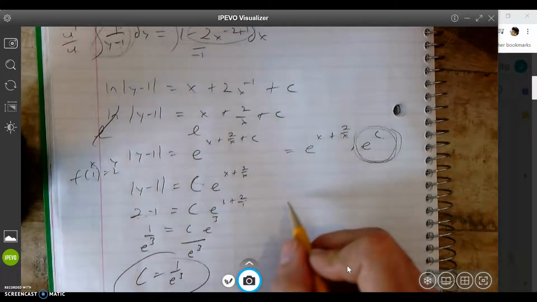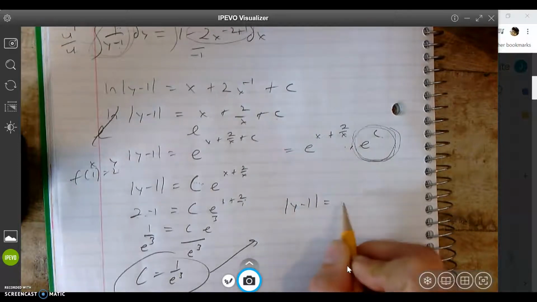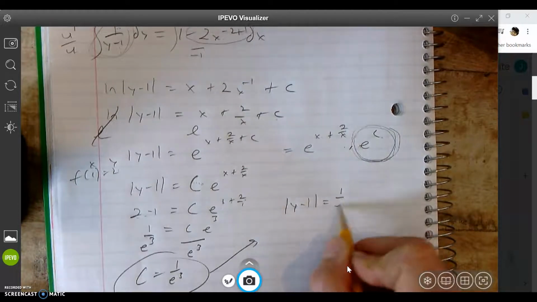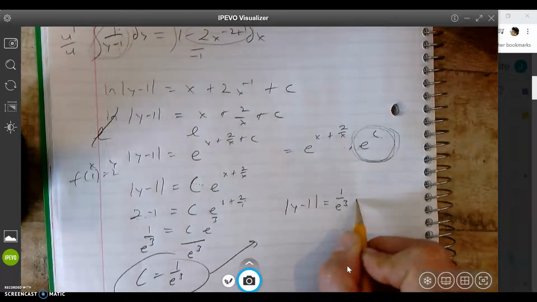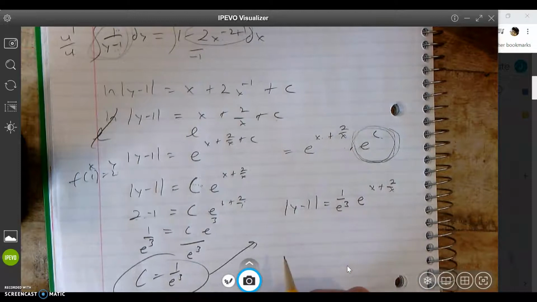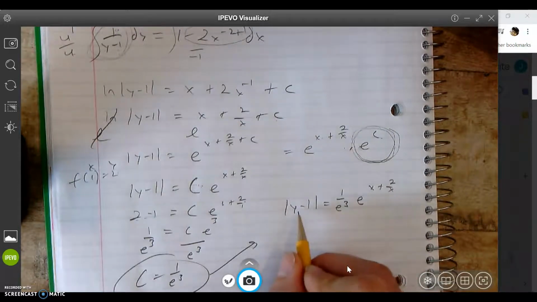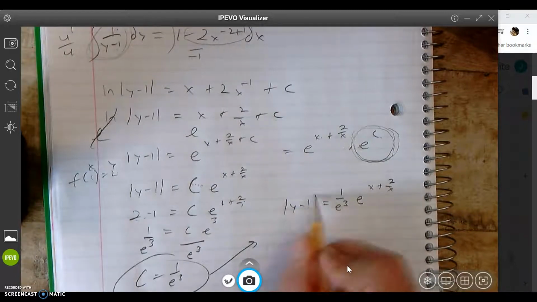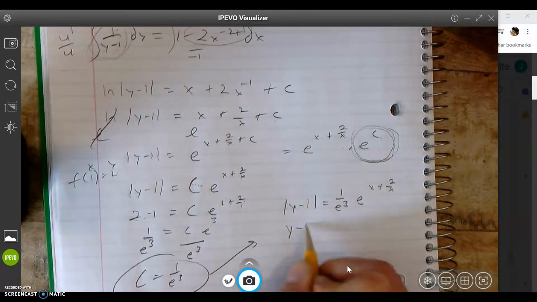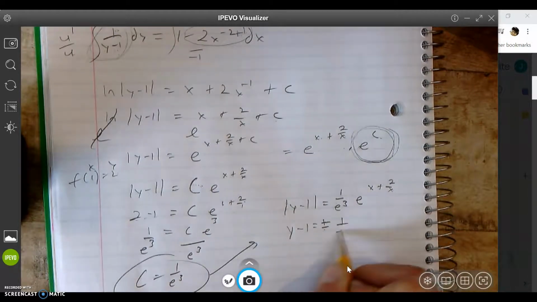So we're almost there. So I got absolute value of y minus 1 equals 1 over e to the third times e to the x plus 2 over x. All right, so that's a lot right there. So I need to figure out, if I eliminate the absolute value, that's going to mean it's plus or minus on this side, because I have a positive or negative answer to get the distance away from 0, which is absolute value.